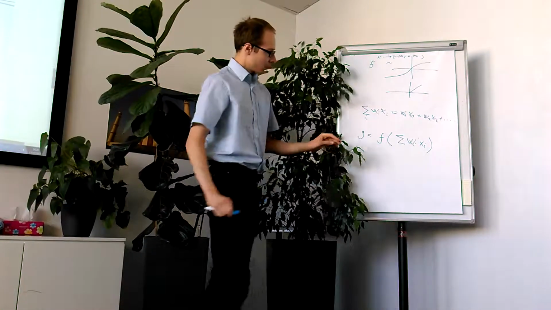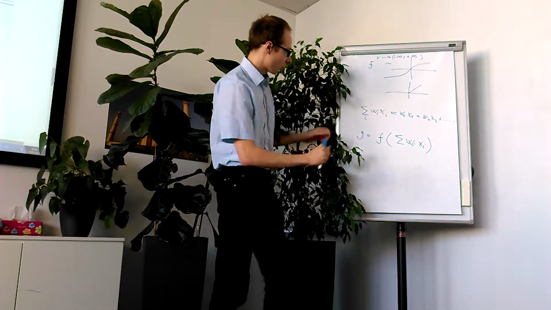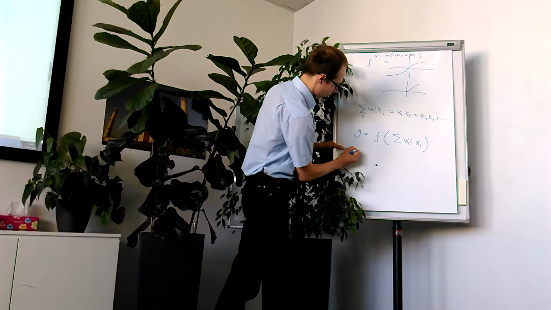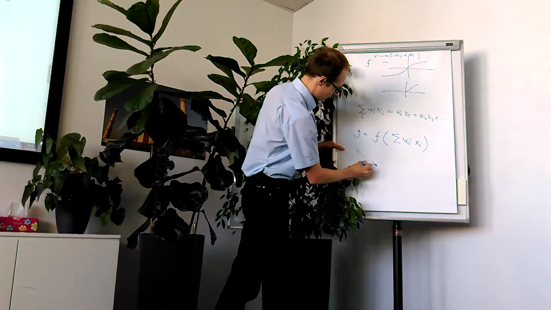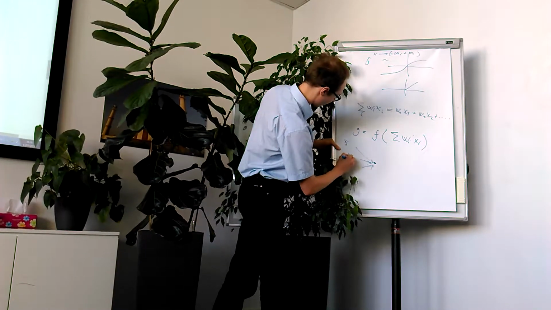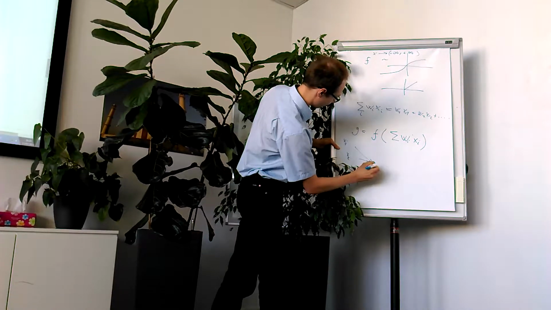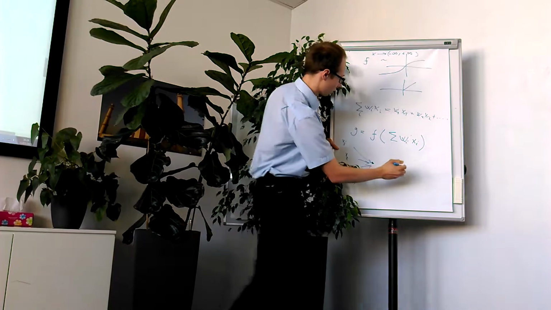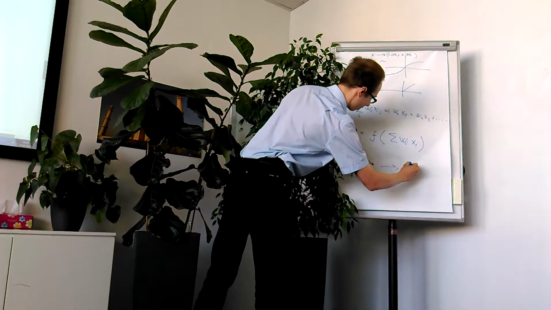So if you have one neuron, you take these inputs x1, x2, x3, and you get this output of one value.